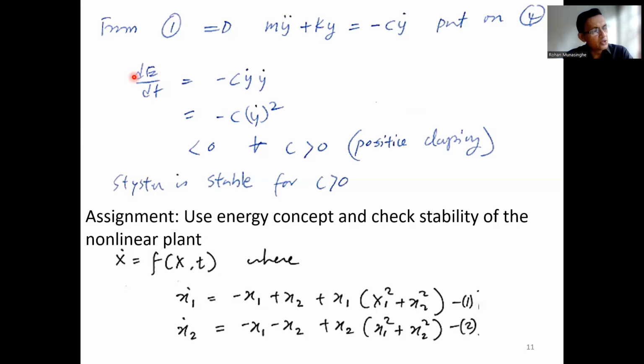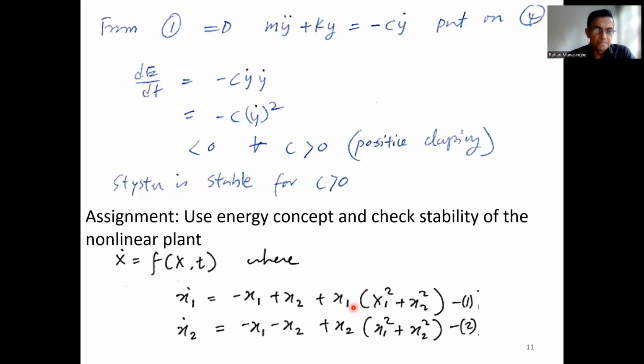So we have just shown that the accumulated energy, or rate of change of energy in the plant, is negative. So therefore, the accumulated energy reduces and eventually it comes down to zero and the system is therefore stable.